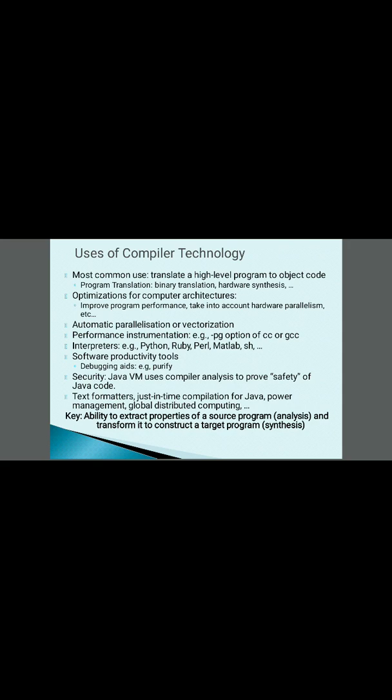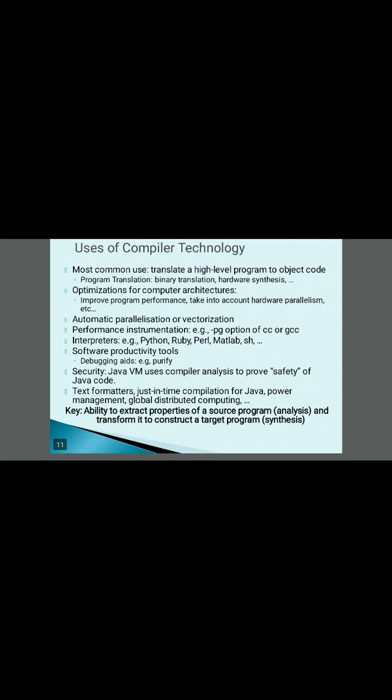Once you extract these properties, you must be able to use them and transform this into a target program. That process we call synthesis. So generally all compilers come with these two parts, analysis part and synthesis part. We will be studying this in more detail in the coming slides.